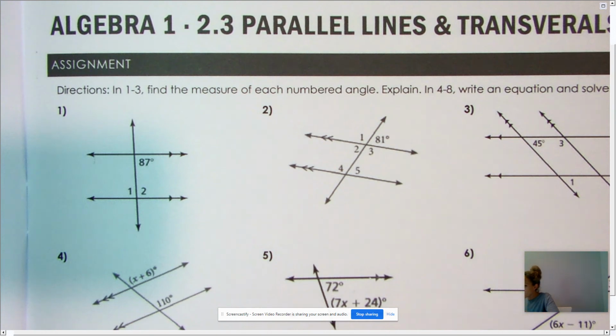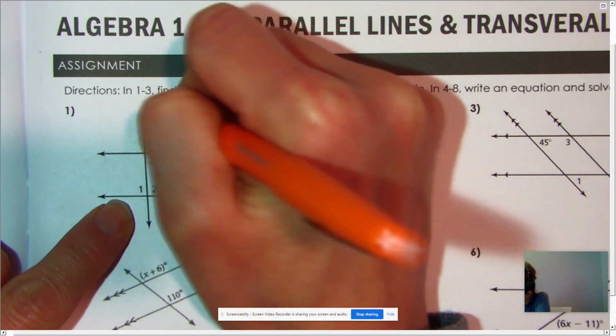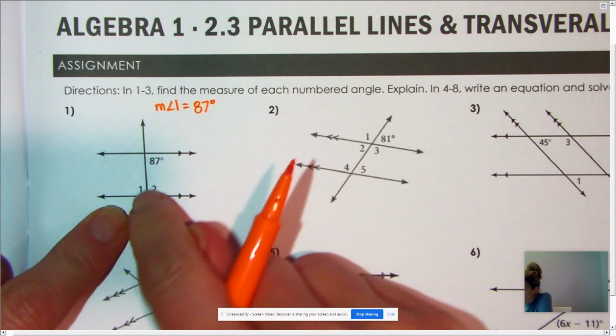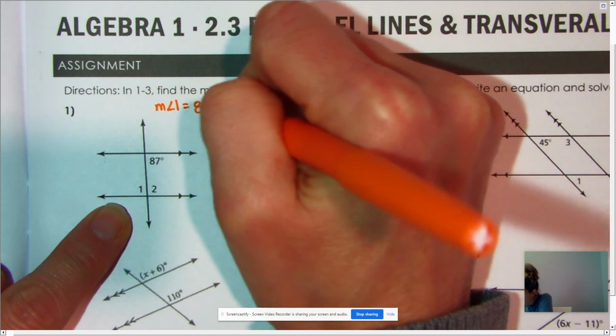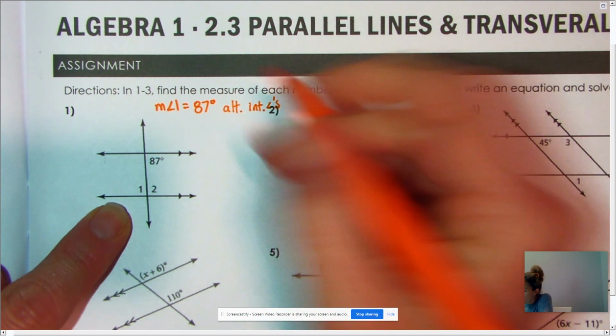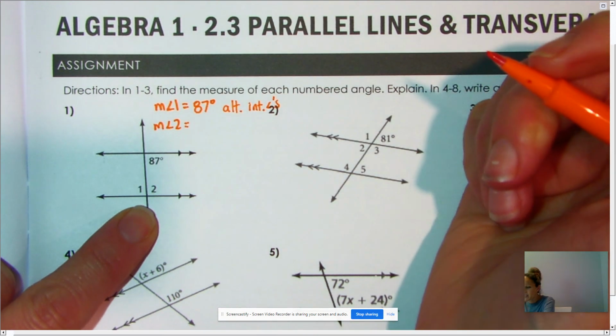So for question number 1, I know that the measure of angle 1 is equal to 87 degrees because those are alternate interior angles. Angle 2, I have to do a little bit of work here, right?